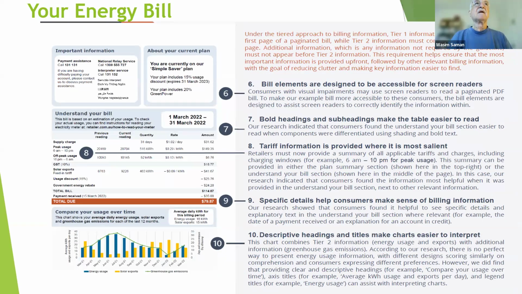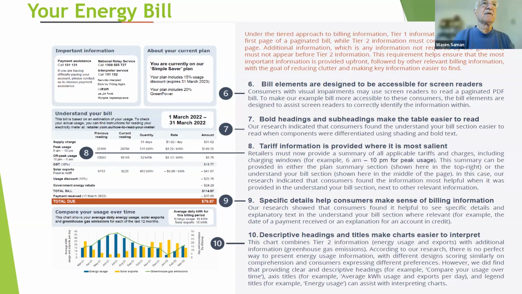the other important part of the bill is section 8, which is called Understanding Your Bill. This gives you a breakdown of how many units you've been using, when you've been using them, and how much each unit costs, and obviously the total amount of your bill.